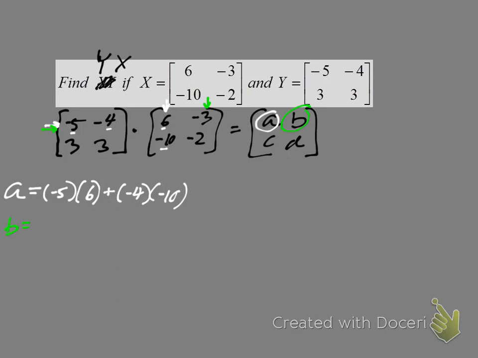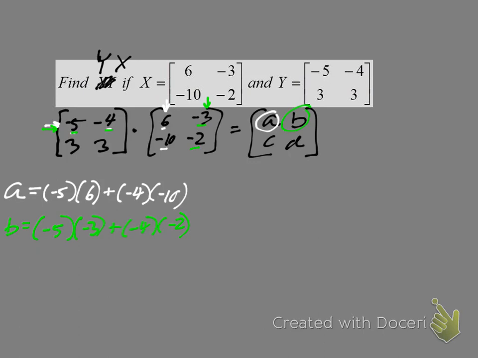So for B, we go -5 and -3, plus, same row, next column, -4, -2. Good. I think I understand.